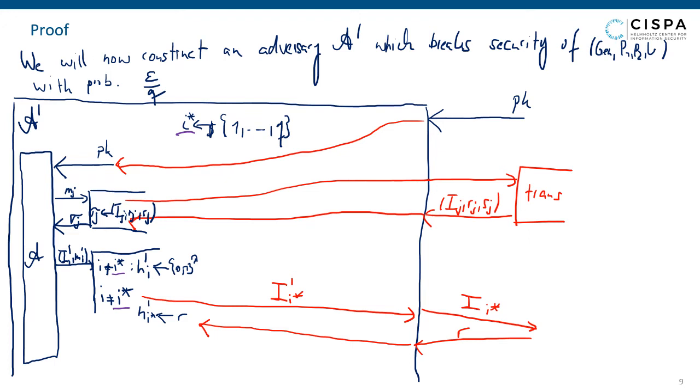Now, just one more thing is missing. So now we've simulated the random oracle. H I prime comes back here. At some point, our adversary outputs a forge: M asked, I asked, R asked, and S asked.